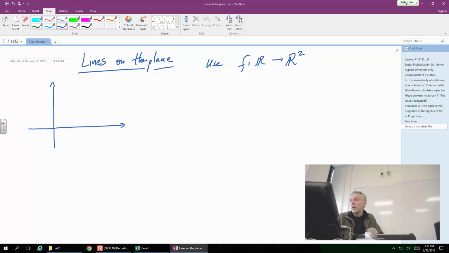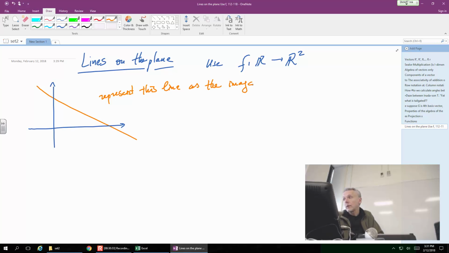So I pick a line, and the question is to represent this line as the image of such an f.